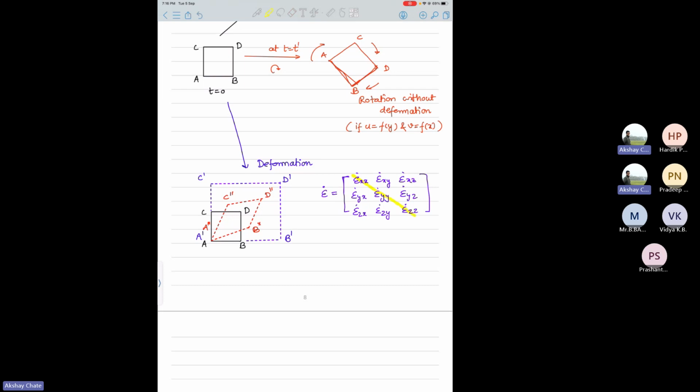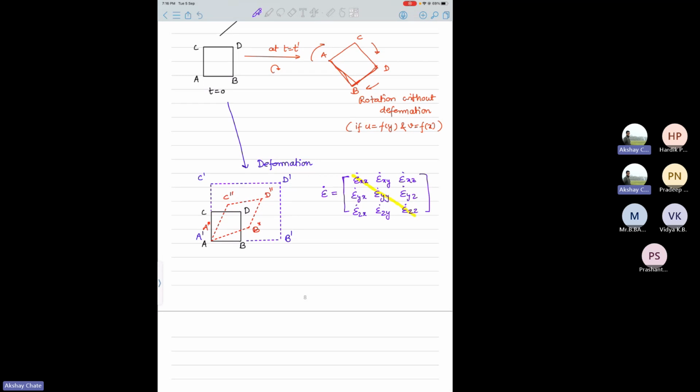So the principal components, maybe I'll use the highlighter, these components are responsible for deformation without any angular component, and other components which have x, y, or y, z, different axes in their name, are responsible for the angular deformation.